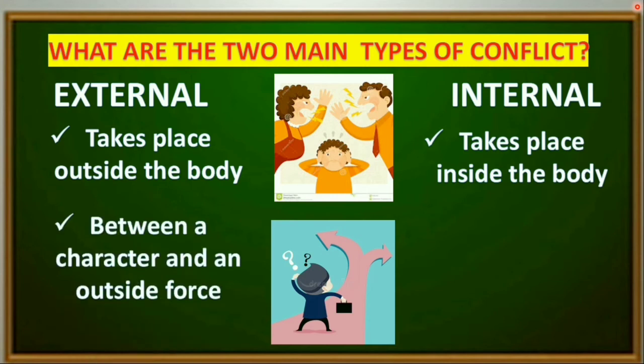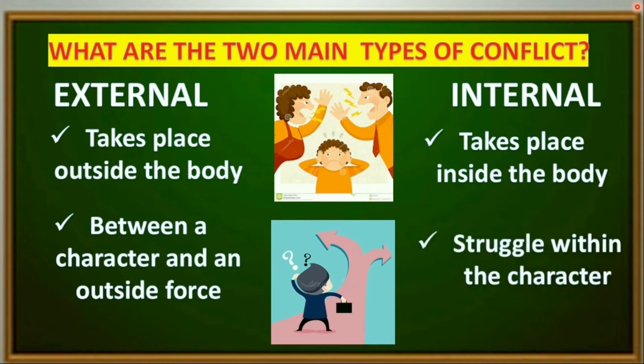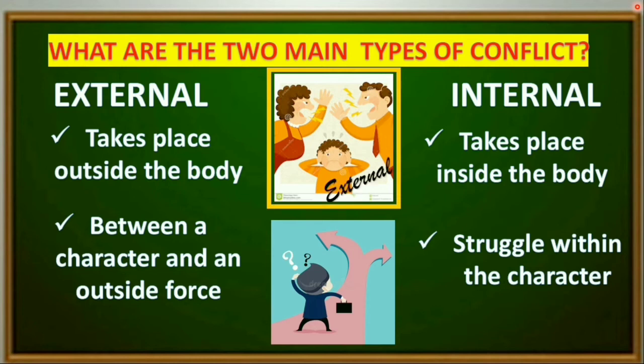External is happening between a character and an outside force, while internal is a struggle within the character. This is an example of an external conflict since the character here is in conflict with the other character. And this is an example of internal conflict since the character is in conflict with himself.